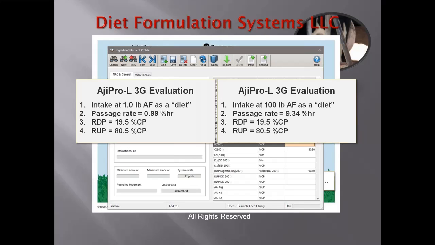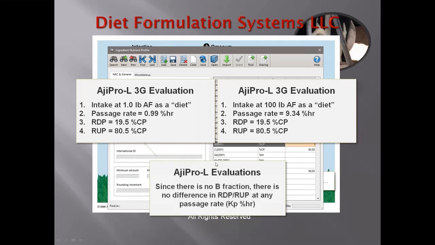Now, as long as this characterization is truly representative of what arrives at the intestine, it's exactly what we're looking for. There's no B fraction, so passage rate and degradation rate don't have anything to do with this characterization at all. They only apply to the B fraction, if there is one.